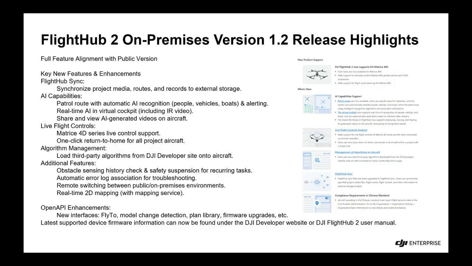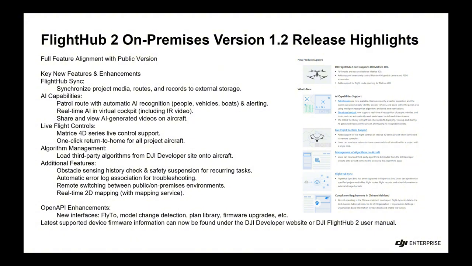A lot of functionality. I'm not going to go through every single one of them because today we're going to focus on on-premises. But if you want to learn more about this new version, you can visit our FlightHub 2 user manual webpage, and under the release notes, you can find all this good information.